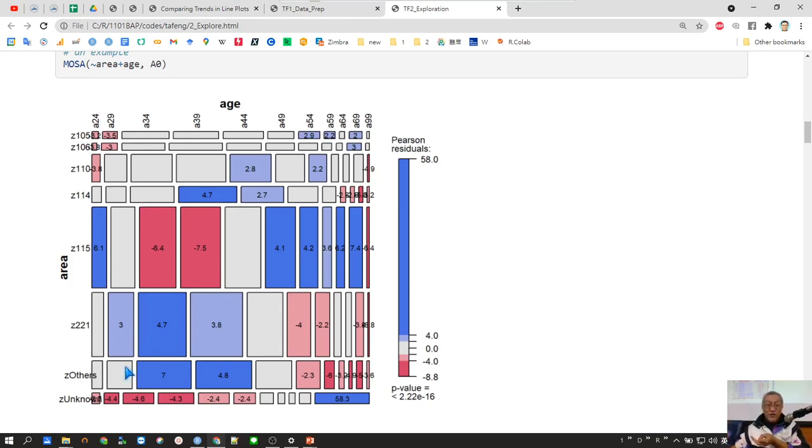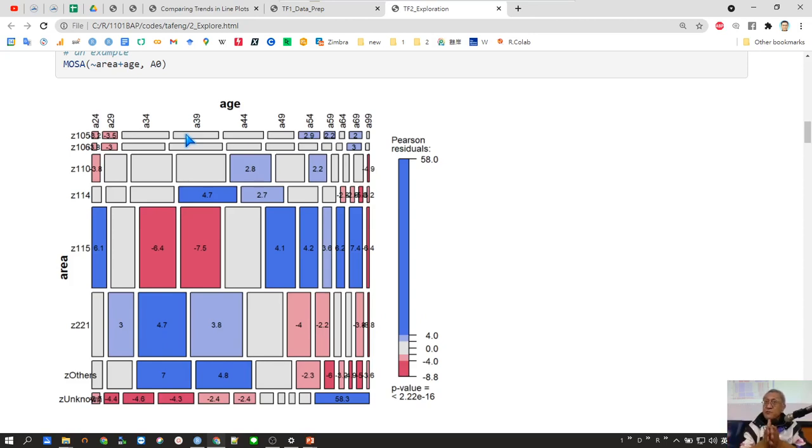At the same time, we can say that in Z221 and Z others, you can see they are in blue color, so they are significantly larger. There are significantly more A35 and 39 in Z221 and Z others than the common, right?